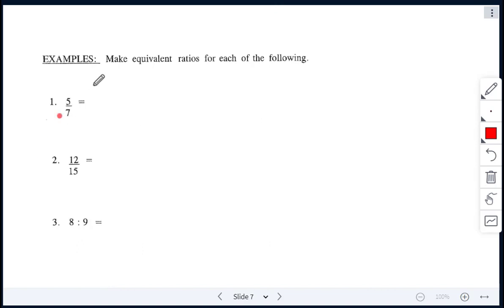So let's say for the first one, let's just say we're going to multiply by 2. So you have to multiply the top and the bottom by 2. All right, that would give me 10 over 14. All right, so that means we can write it as a ratio as well. 5 to 7 is equal to 10 to 14. Okay, 12 over 15.